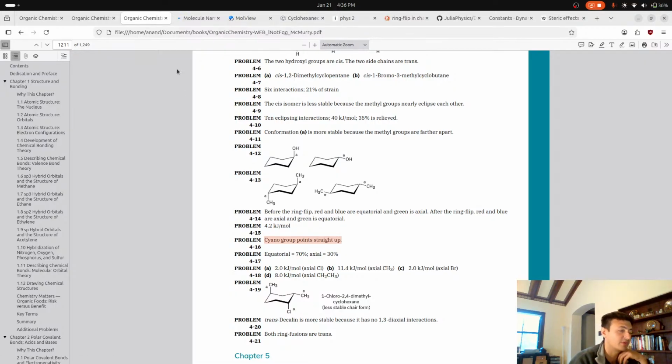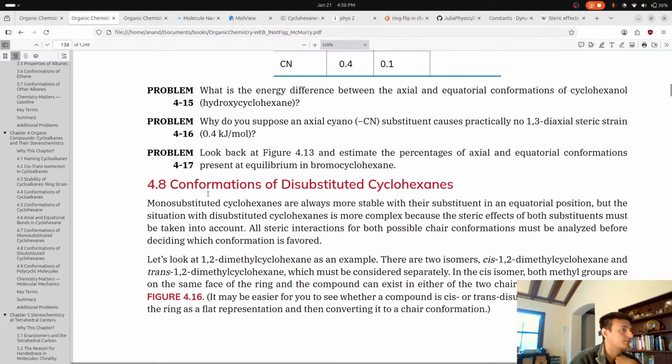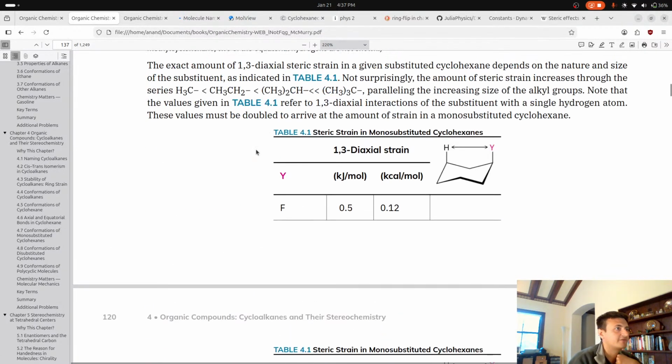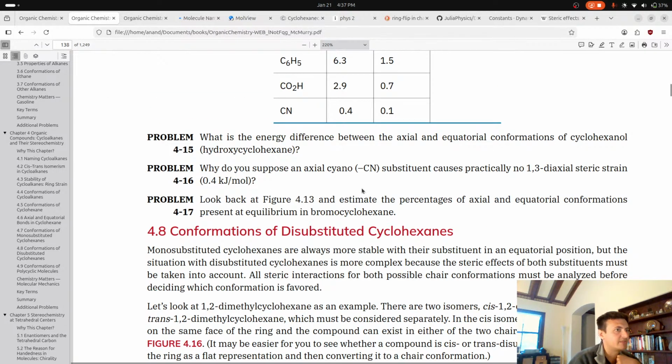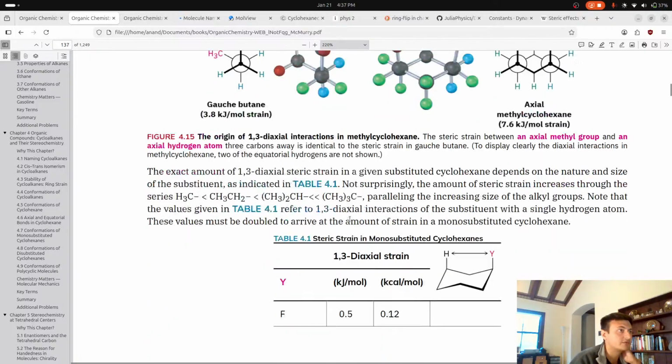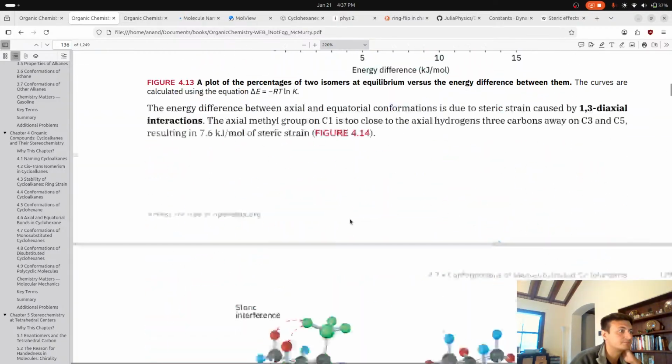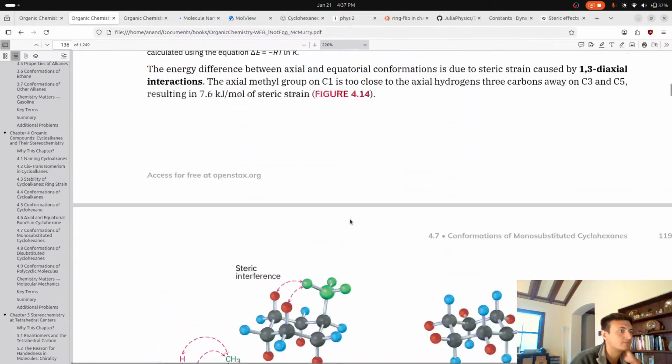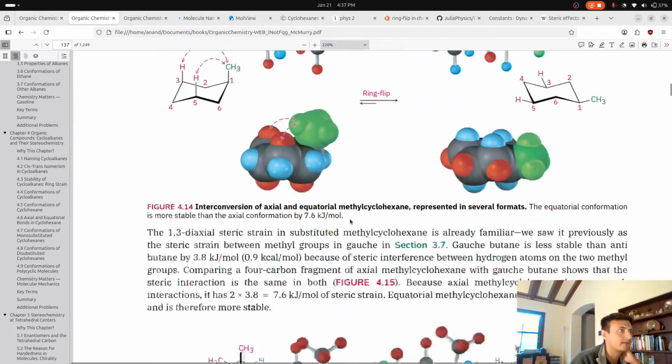This one was 4.2. That's good. Look back at figure 4.13 and estimate the percentages of axial and equatorial conformations present. Oh, that's just using the. All right. Figure 4.13. And estimate the percent.